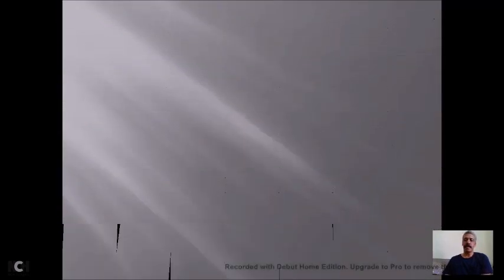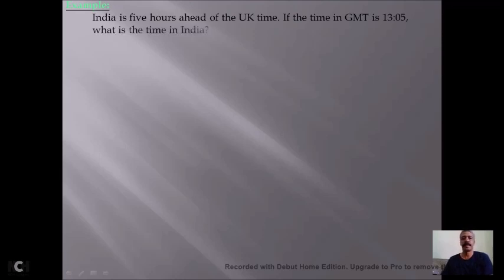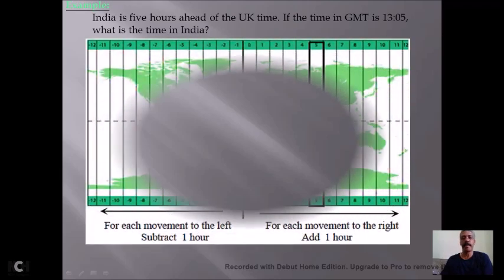Let's see another example. It's about India, which is 5 hours ahead of the UK time. If the time in GMT, meaning in UK or England, is 13:05, what is the time in India? Yes, let's see the map.